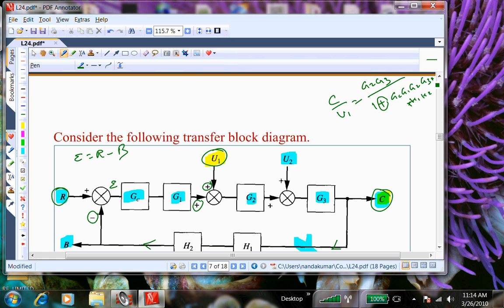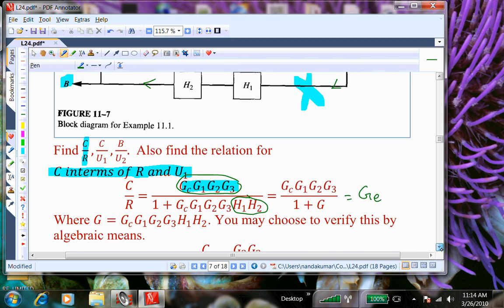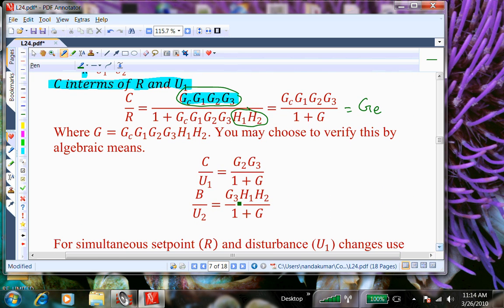That is the effective transfer function if only U1 is non-zero, U2 is 0, R is 0. And I think that's what you will find here. So G is defined as the product of all of them in the loop, GC, G1, G2, G3, H1, H2. So the same rule now applies between C and U2.